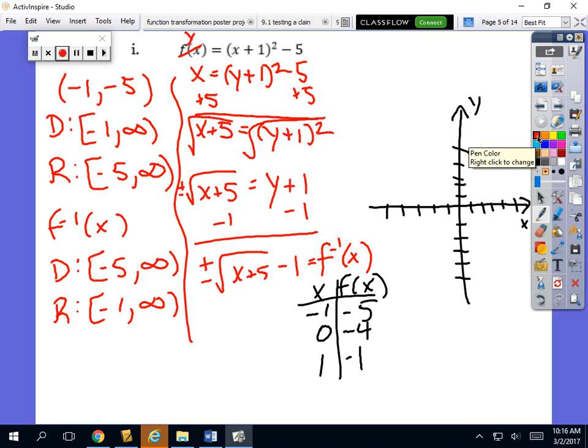So let's plot those. f of x is -1, -5, 0, -4, and 1, -1. And the inverse will be -5, -1, -4, 0, and -1, 1. Pretty close. Okay, so that's your inverse. This is f of x, and then to graph the y equals x, you just go straight down the middle.